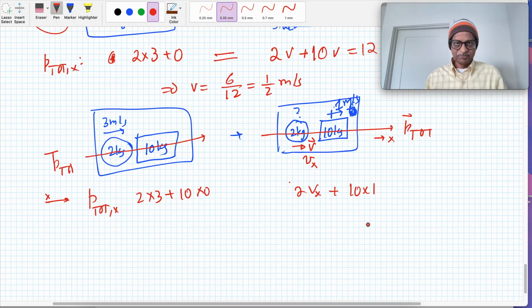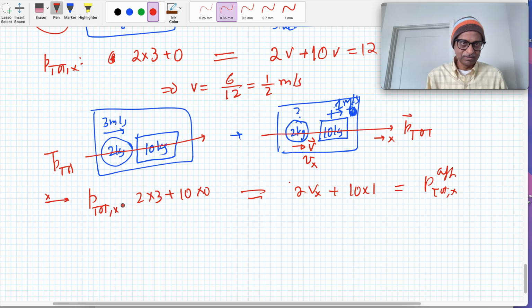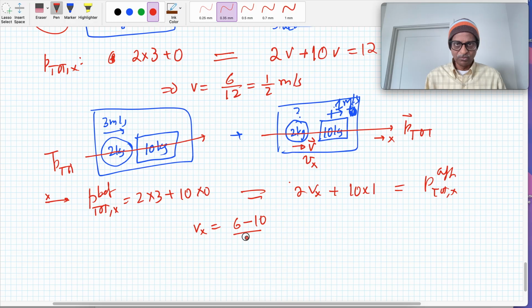Now this must be equal to that. This is the P total x after, and this is before. So equate that and solve. Vx is going to be 6 minus 10 over 2, equals minus 4 over 2, which is minus 2 meter per second.